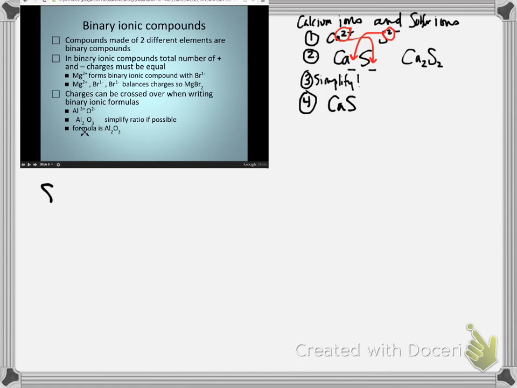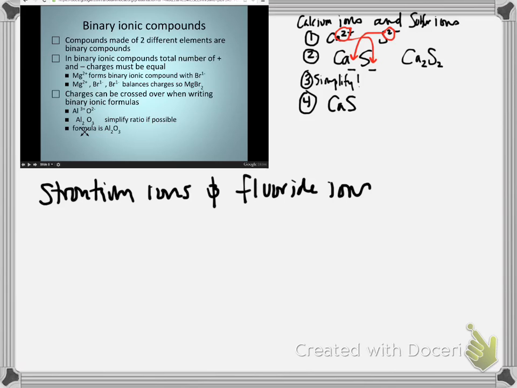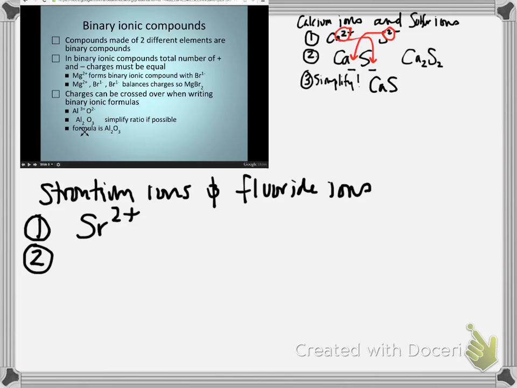Okay, strontium ions and fluoride ions. Okay, first step, write your ions. Strontium forms what? Strontium is Sr2+. So we have Sr2+, and fluoride forms F1-. Okay, crisscross your charges.